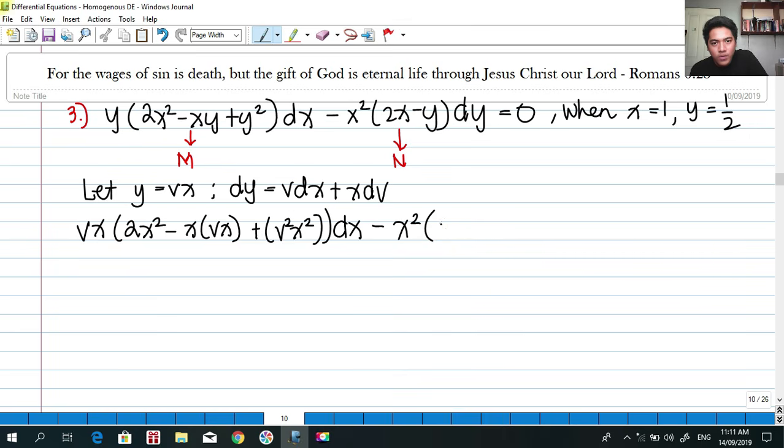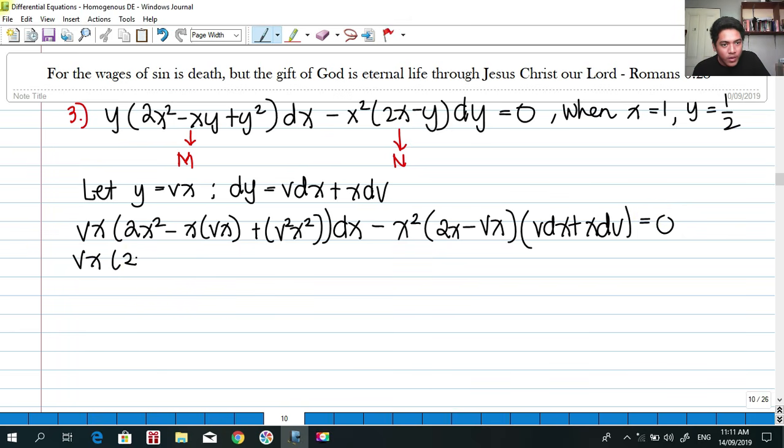So we have (2x minus vx), and our dy is simply equal to v dx plus x dv, equals 0. We simplify 2x squared minus vx squared plus v squared x squared, with dx. I'm not going to include the negative first, so I'm going to multiply this by this.